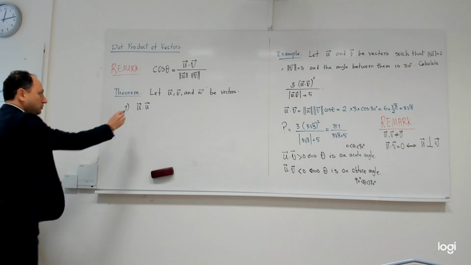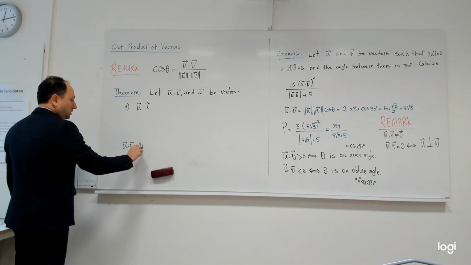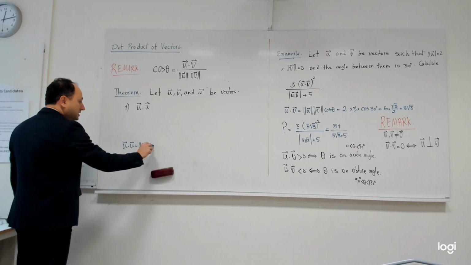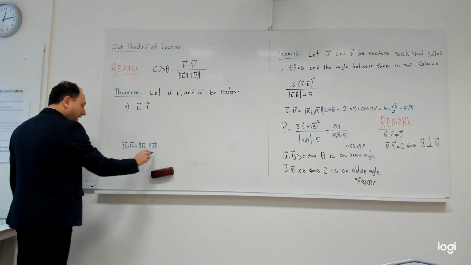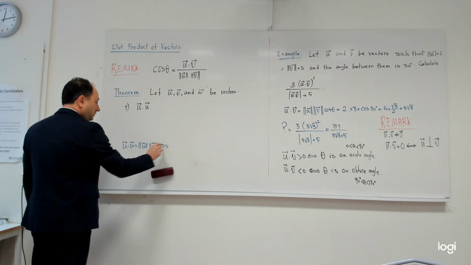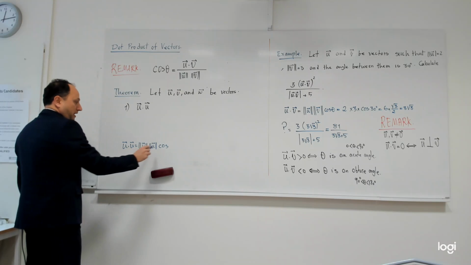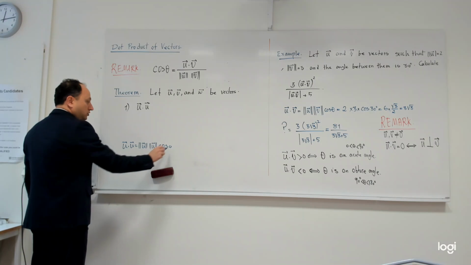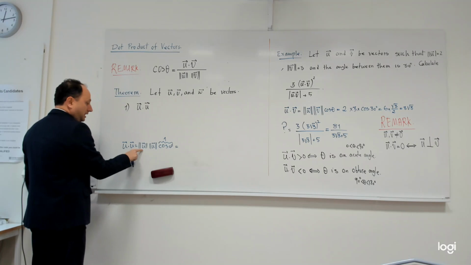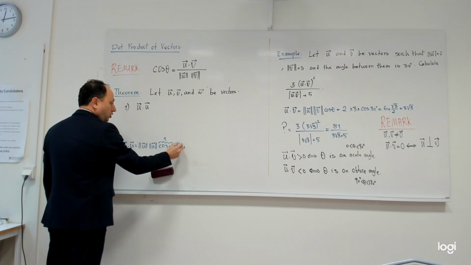If I ask you what is u dot u, you can say it is the norm of the first one multiplied by the norm of the second one, which here is again the same, multiplied by the cosine of the angle between these two vectors. But the vector itself makes angle 0, and the cosine of 0 degrees is 1. So a number multiplied by itself is its norm squared.